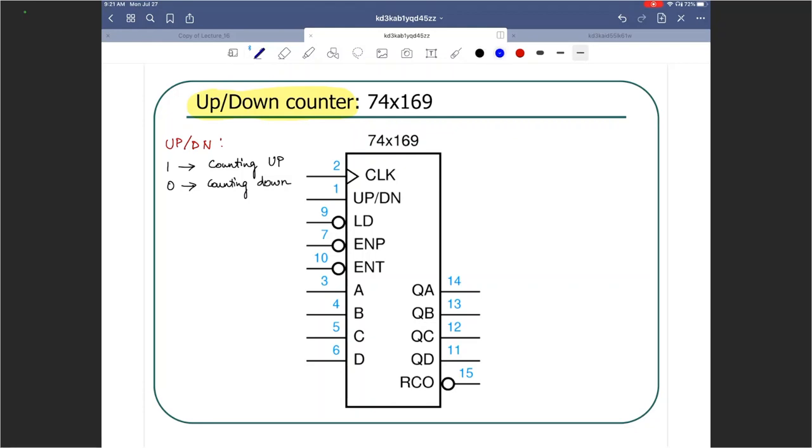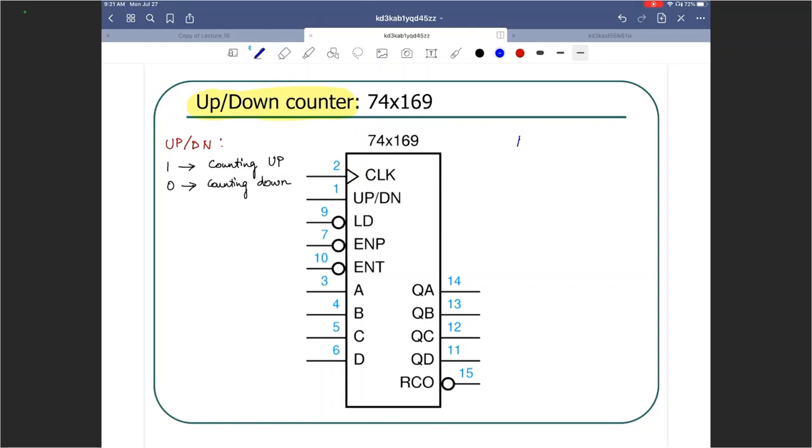When things were counting up in the previous example, RCO was active when the count reaches 1111. Now we are counting up as well as counting down. So is there a difference? Is there a different behavior for RCO? And the answer is yes.